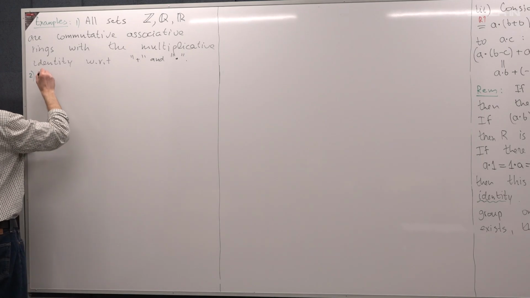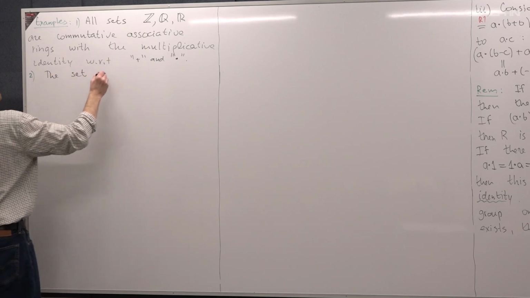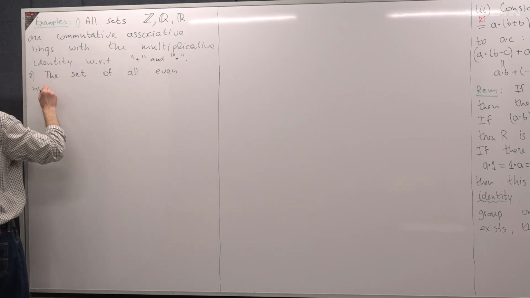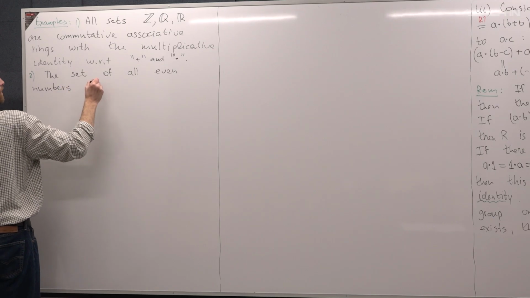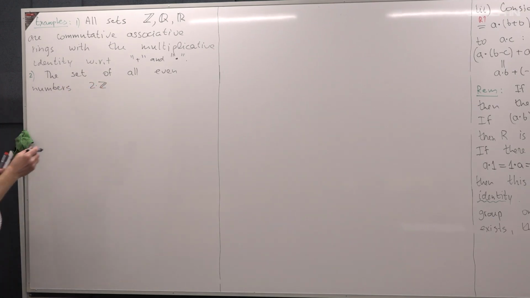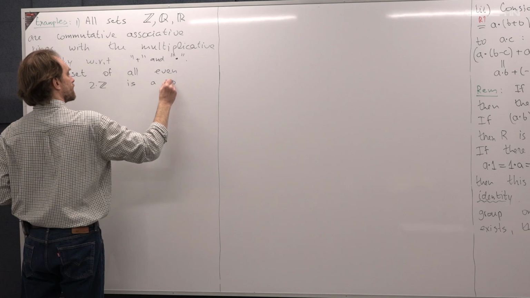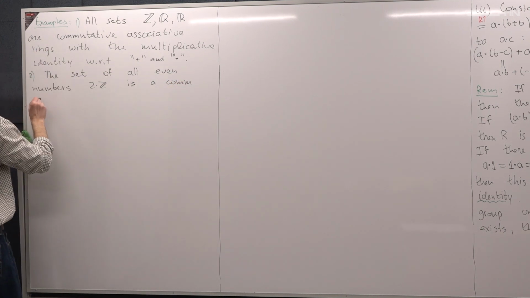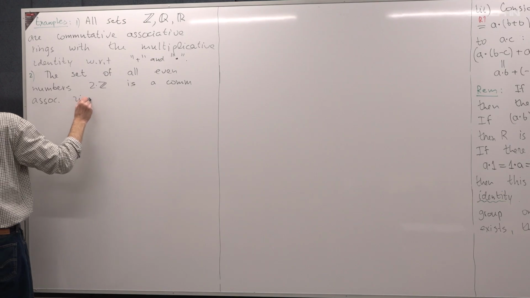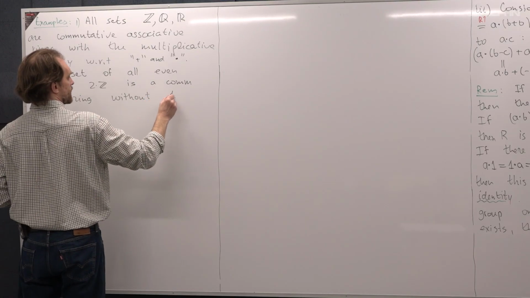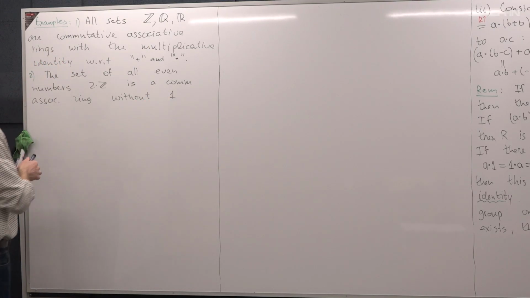So another example. The set of all even numbers, which is denoted by 2 multiplied by Z, is a commutative associative ring without the multiplicative identity, just because obviously the element 1 that should be a multiplicative identity is not in this ring.